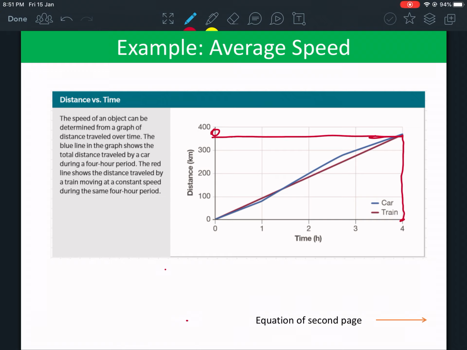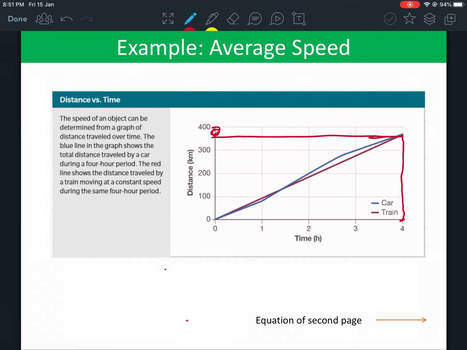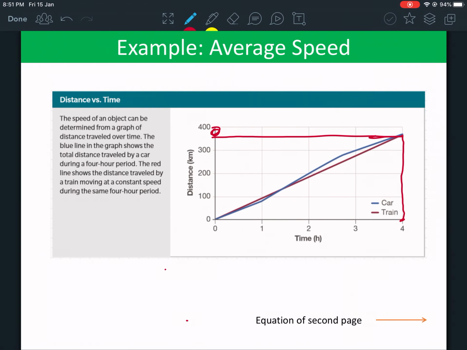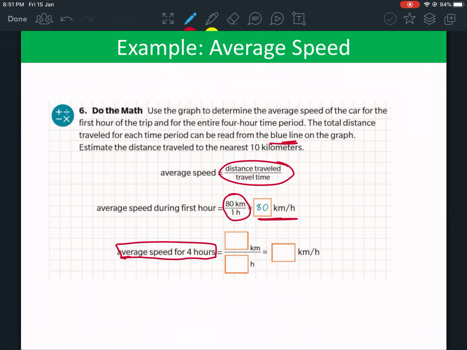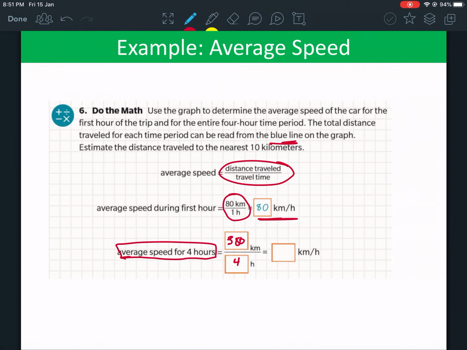It's almost 380, so the time is 4 hours and the distance is 380. So it's distance over time, 380 divided by 4, and then you get the number. This is how you calculate average speed.